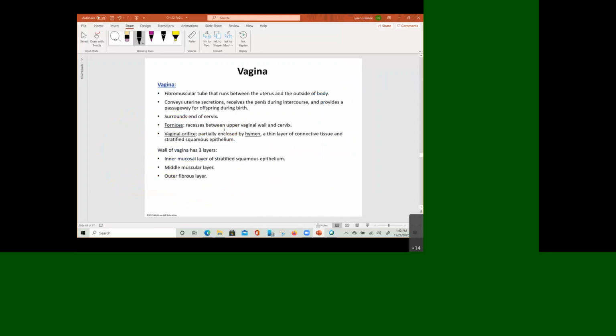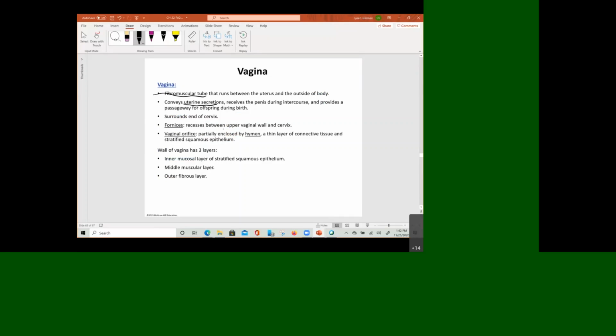Vagina, this is a fibromuscular tube that runs between the uterus and the outside of the body. Okay. The vagina will convey uterine secretions. Okay. Remember, not urine. Because the urine is secreted out through the female urethra.